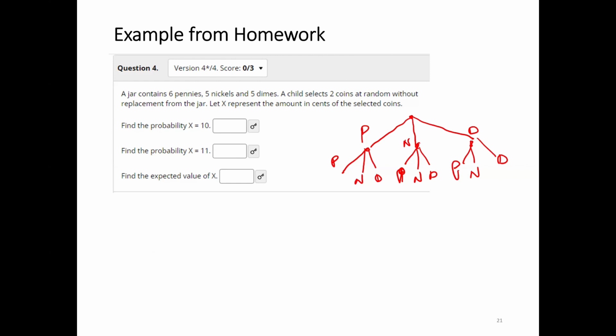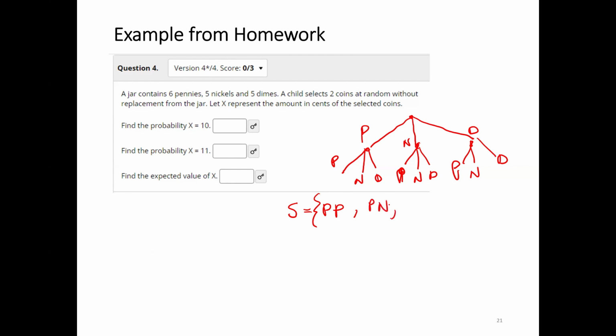Okay, so what does your sample space consist of? I should probably just make that an S. So I could get 2 pennies, correct? Could I get a penny and a nickel?